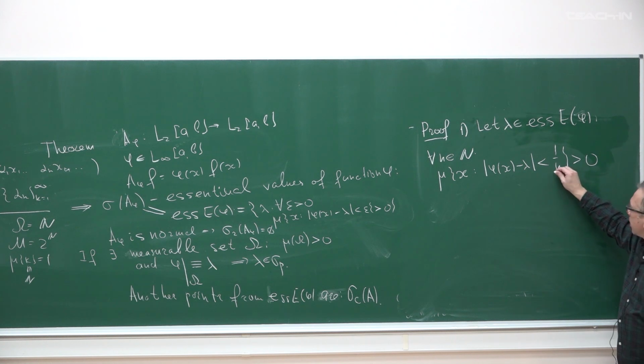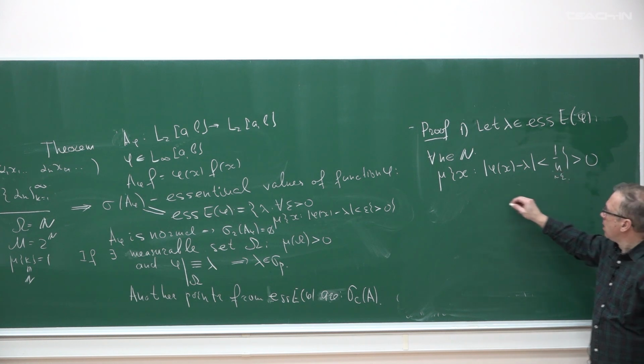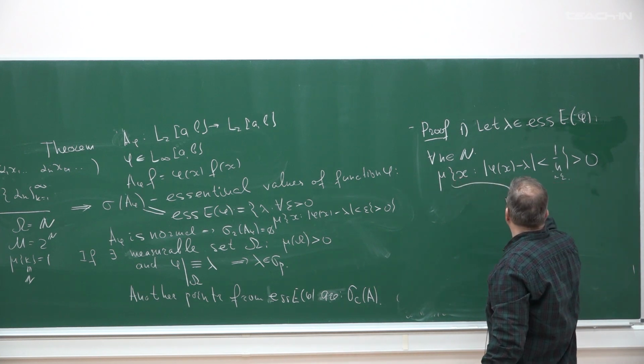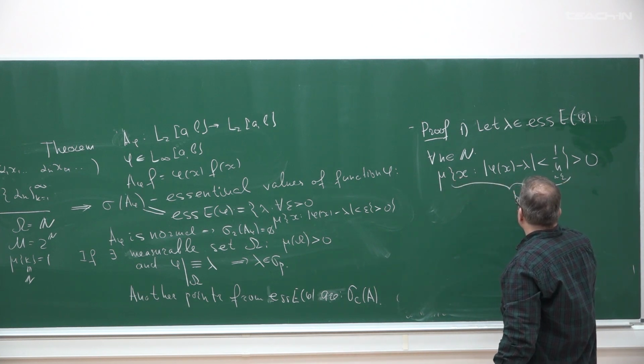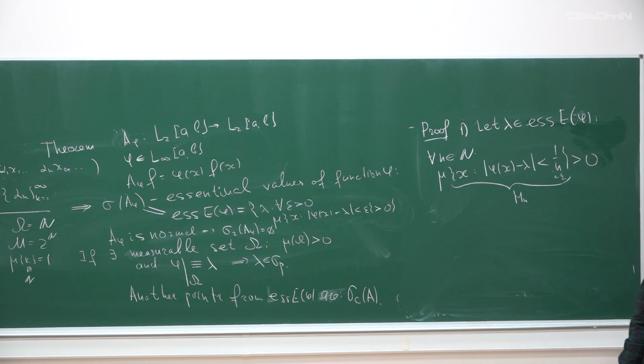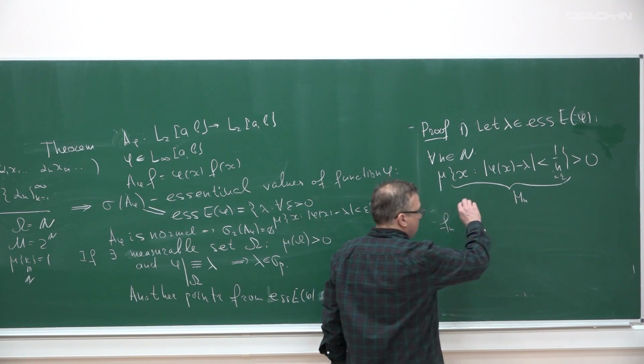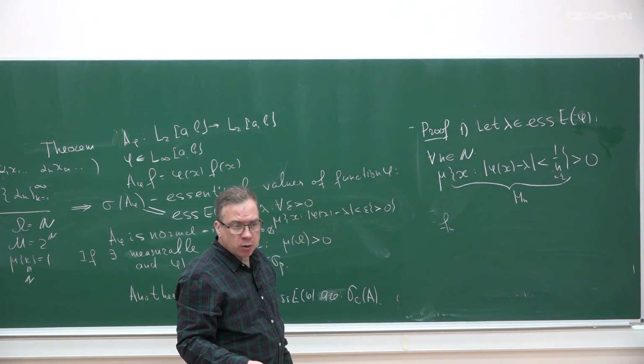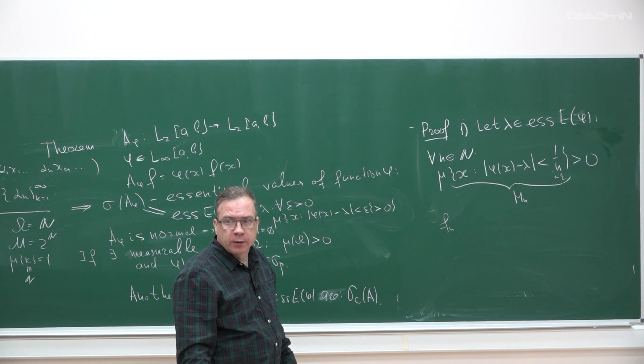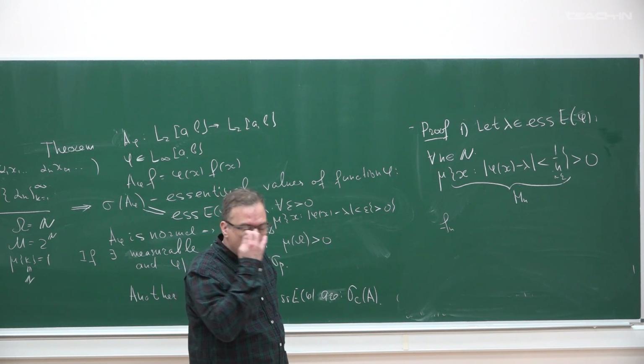So it's like epsilon. Let's denote this set Mn. It is, of course, a measurable set, because function phi is from L infinity, it is a measurable function.